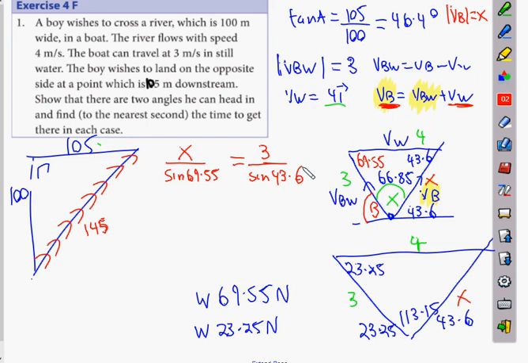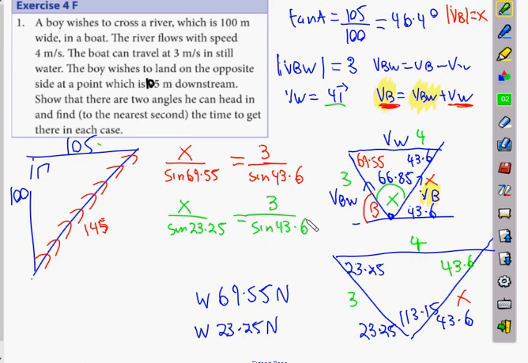Second triangle is x over sine 23.25 equals 43.6 all over 3, or 3 over sine 43.6.